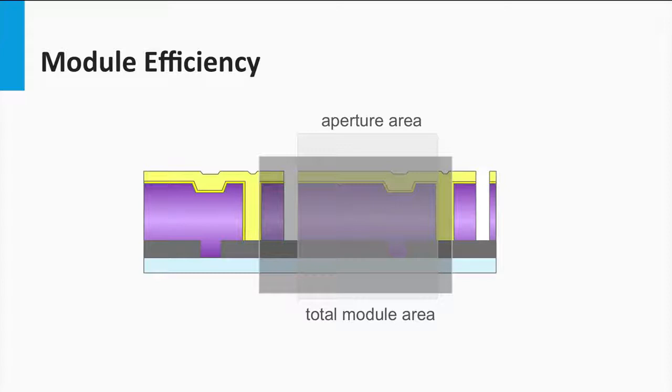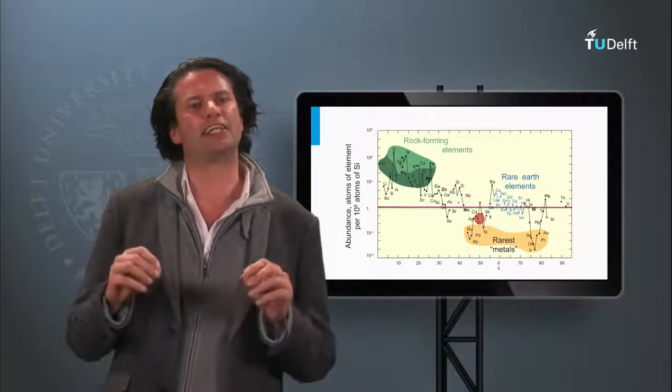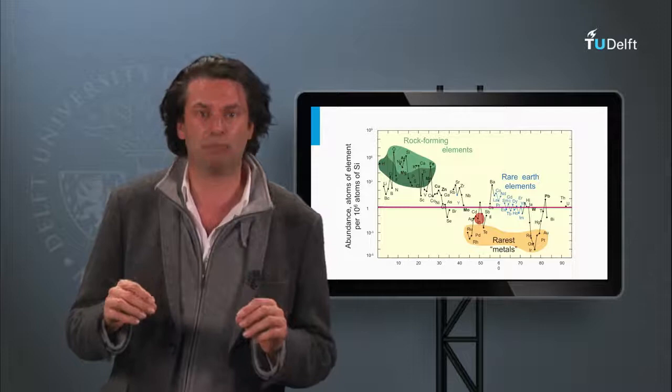However, as CIGS is a rather complex material with complex deposition processes over large areas, an important challenge for the CIGS PV industry is to achieve a high production yield of CIGS modules. Another challenge is that this technology includes the element indium.